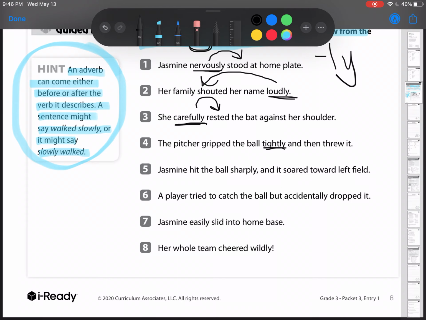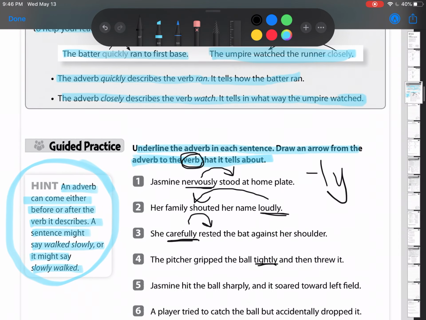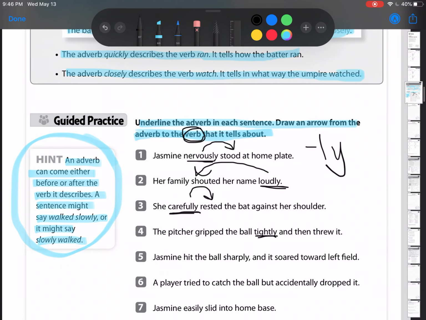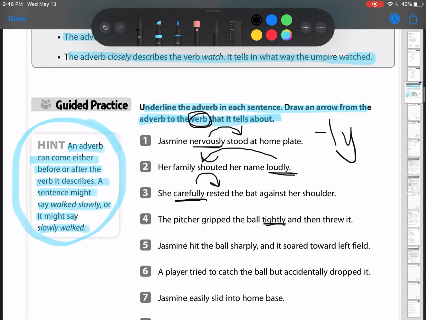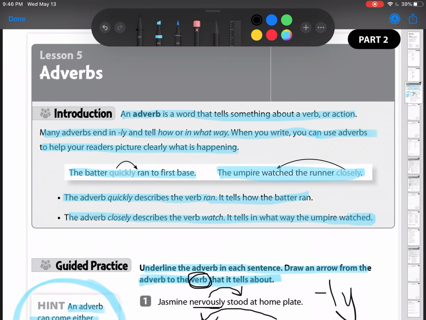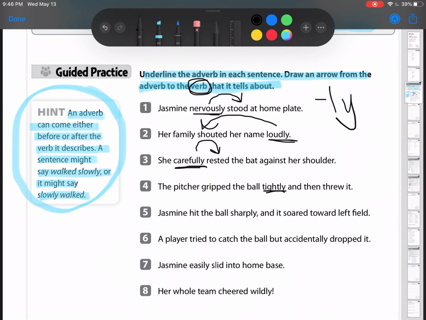So what happened tightly? Because again, we are saying how or in what way. So what happened, in what way, or how was the ball gripped? It was gripped tightly.